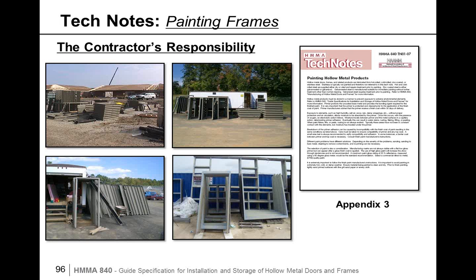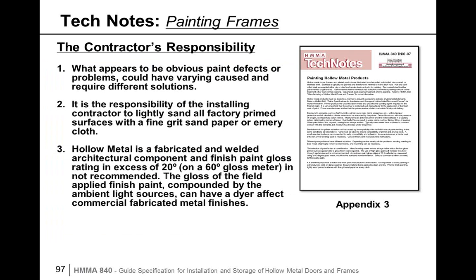That's covered in this technical tip. Again, it's the responsibility of the contractor. Guidelines are on how, as an industry recommendation, to finish the products in the field as required.